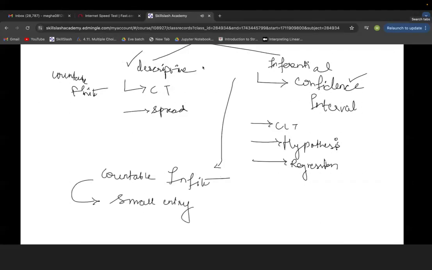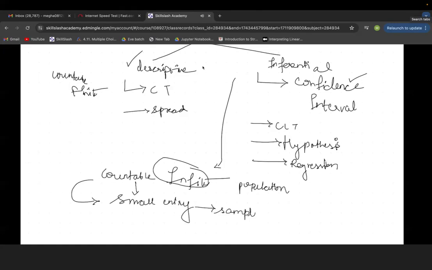So the countable infinite is your population, and you are making it countable within a certain period of time. That small entry is going to be your sample.